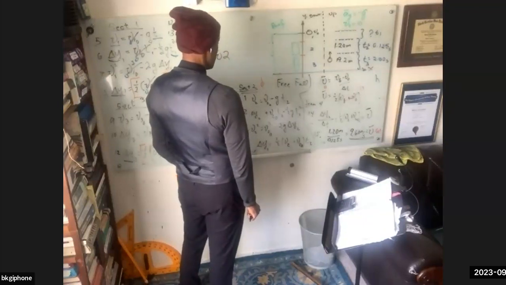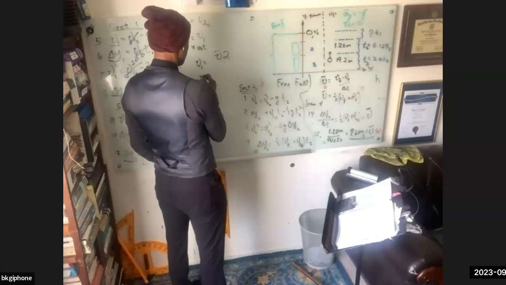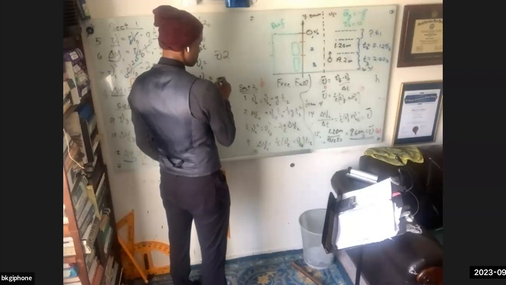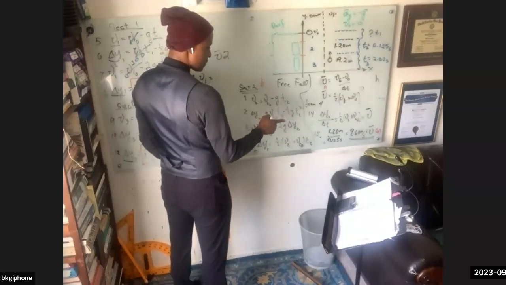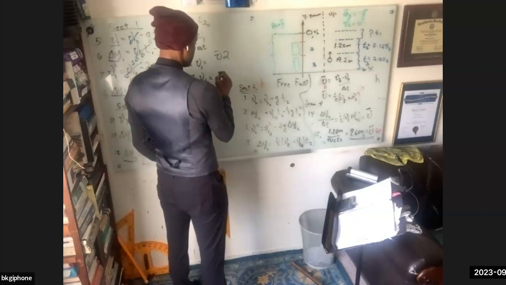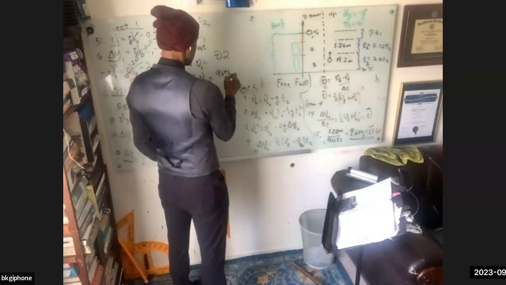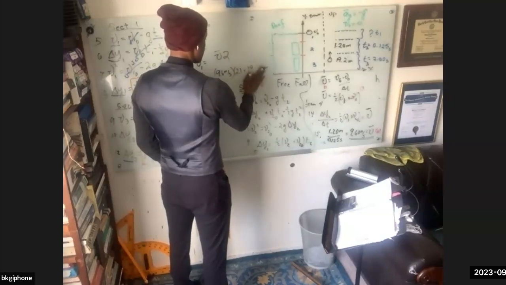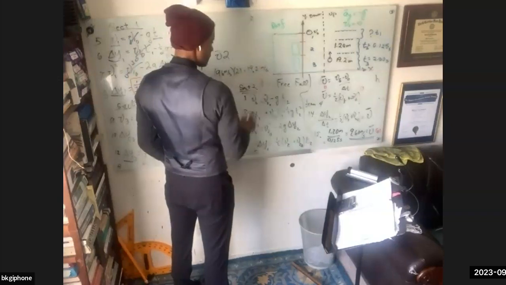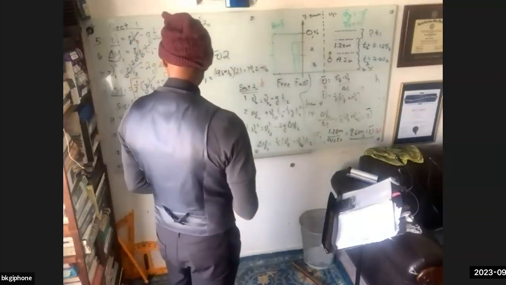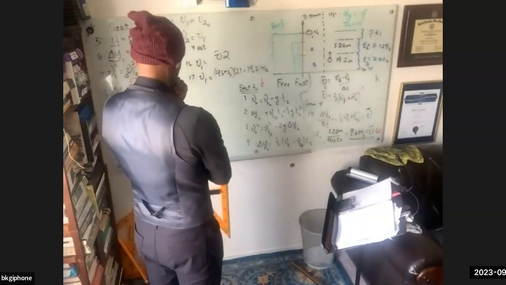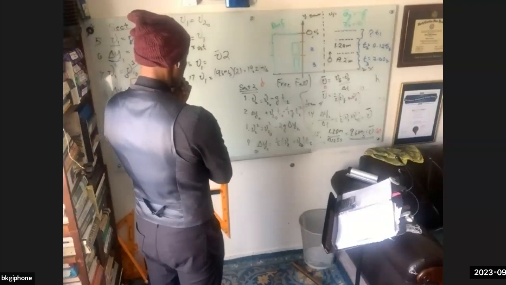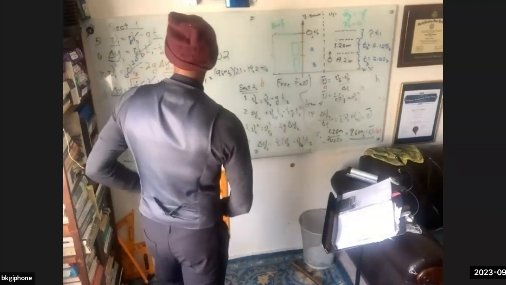So I'm getting V1 to be 2 times 9.6, which is equal to 19.2 meters per second. Meters per second velocity. Okay.